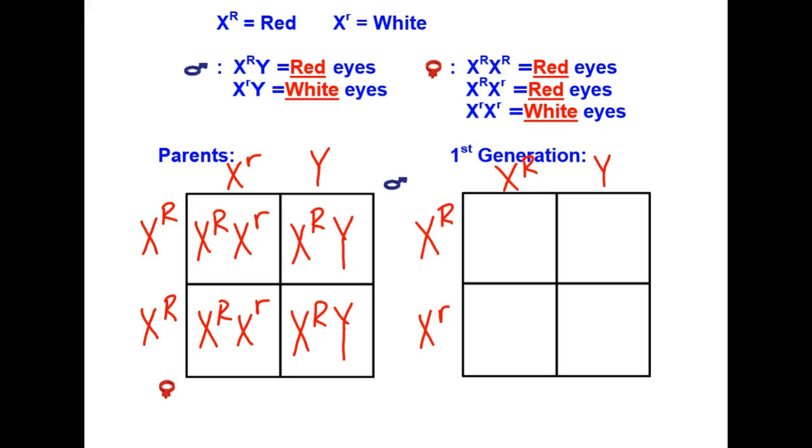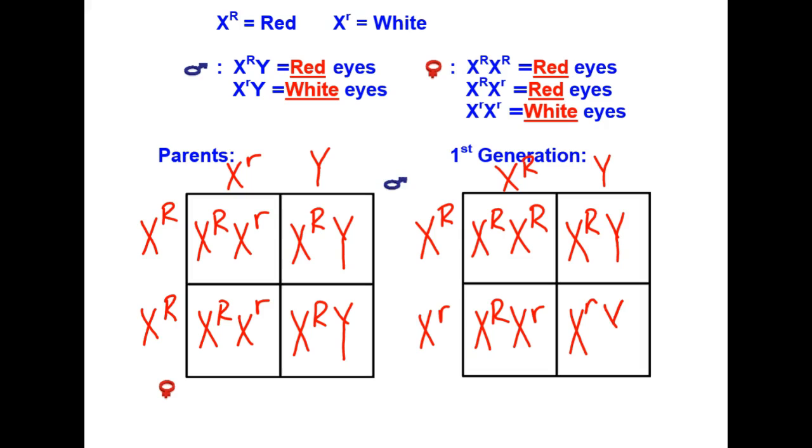Let's go ahead and do those crosses. So this would be X big R, X big R, X big R, X little r, X big R, Y, and X little r, Y. You can see there it is.